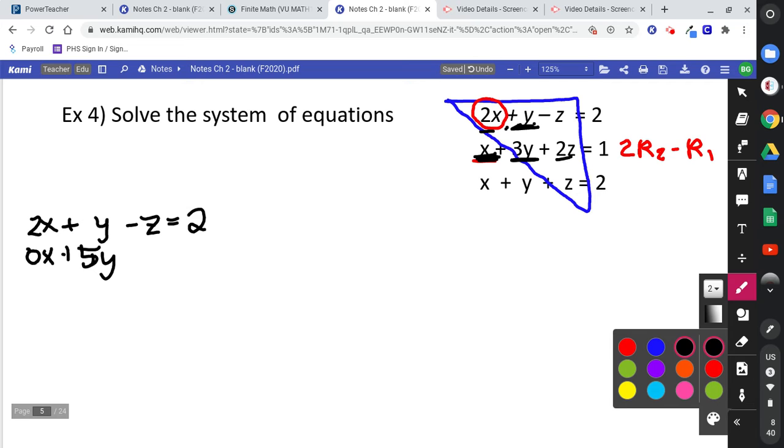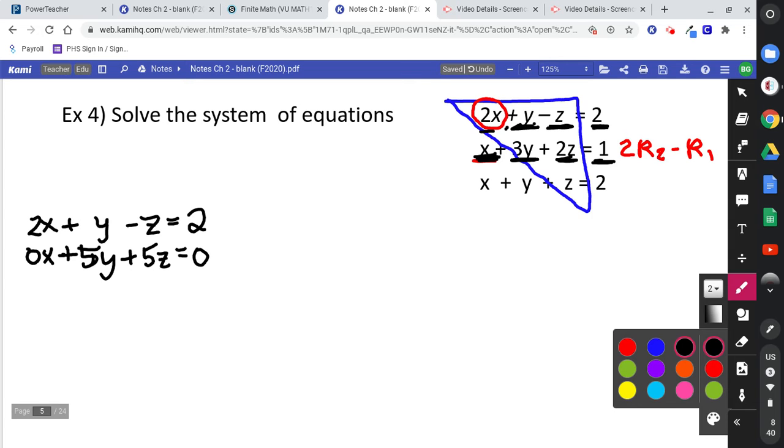And then we're going to do 2 of these z. So 2 of the 2 z's is 4z minus negative z. So be very careful. You've got 4z minus negative z. So that's 4z plus z is plus 5z. And then 2 of these is 2 minus this. That's 2 minus 2 is 0. That's supposed to be a plus.